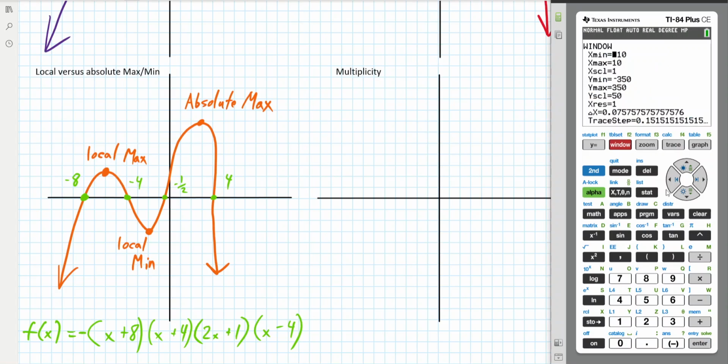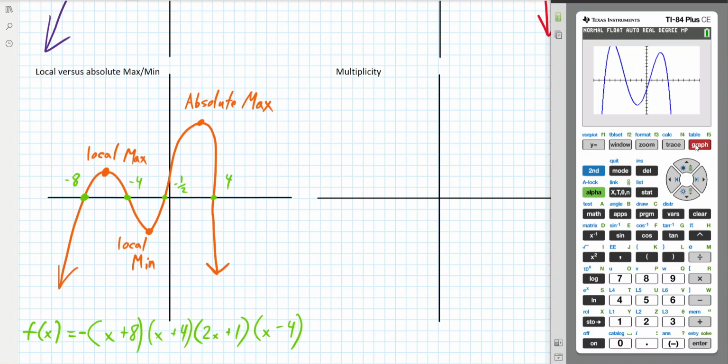The other thing we have to do, and this is a little bit small still. Okay, whatever, it's close enough. So the other thing we can do is go second function calc and find the minimum point. So let's find the minimum point down here, and we can also find the maximum point.